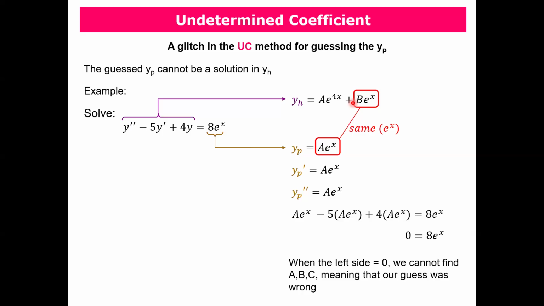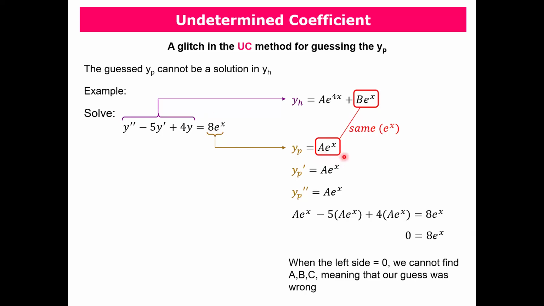For example, for this case, solve y double prime minus 5y prime plus 4y equals 8 exponent x. So the first step, as we have done previously, is to find the YH, this equation, and YP is exponent e^x. We just simply change the 8 value into unknown A.